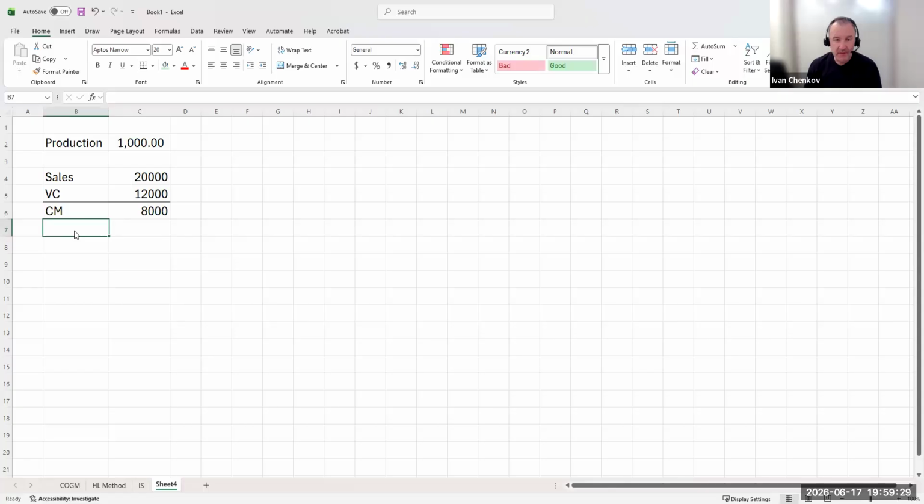And then you're gonna have the fixed cost, which is 6,000. And at this point, the company is going to generate operating income of 2,000, which is 8 minus 6. Again, that will be hard to calculate, but if you use the fingers on both hands, you don't even need to calculate in this case.